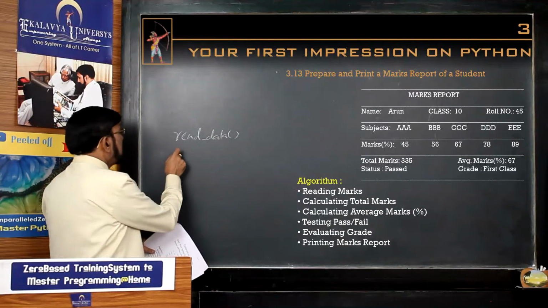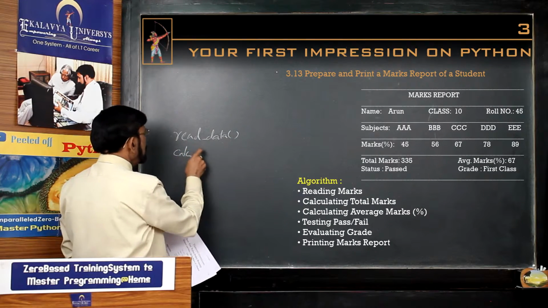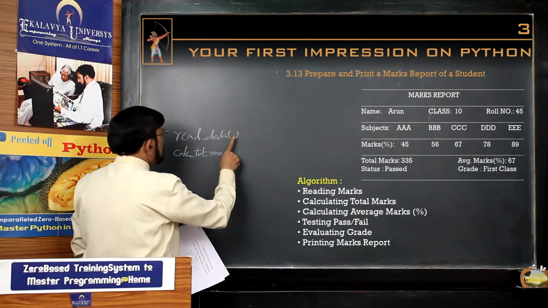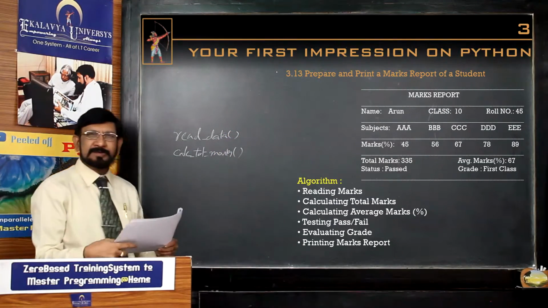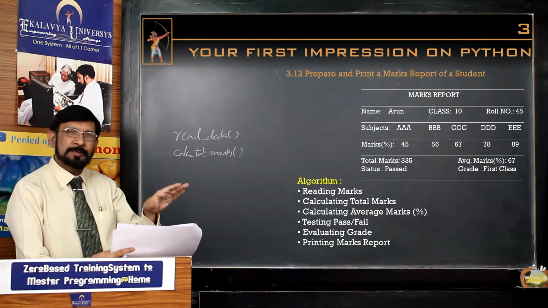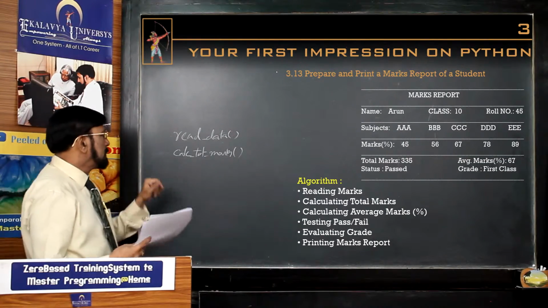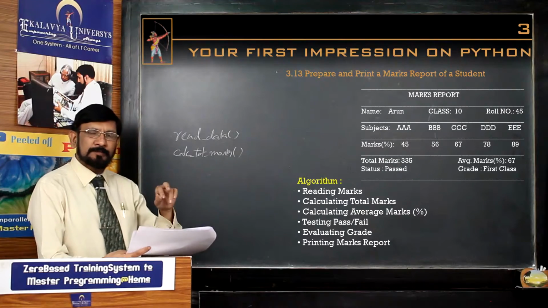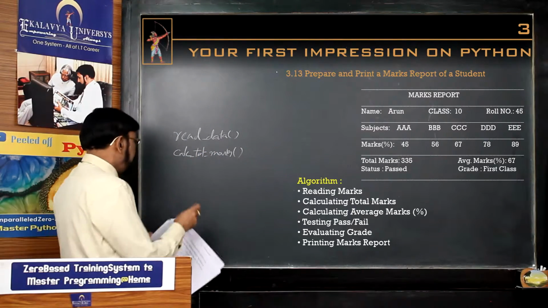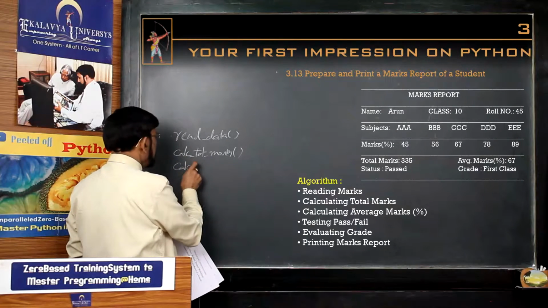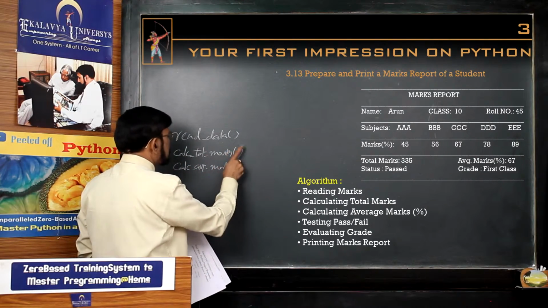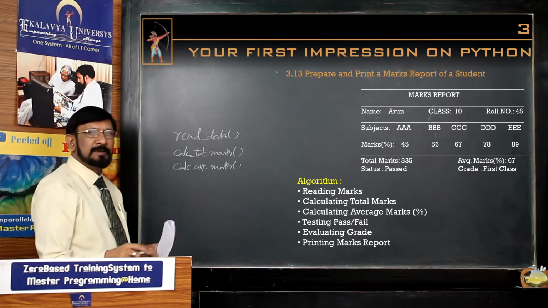Thereafter, calculate total marks. If you analytically consider, this is performing only one identifiable job, not 2 jobs. Next, calculating average marks. This is another task.